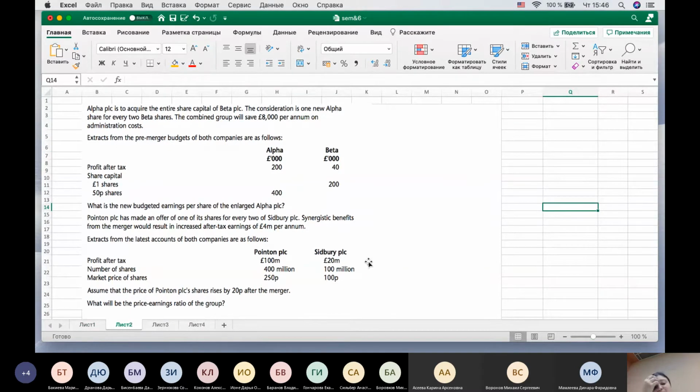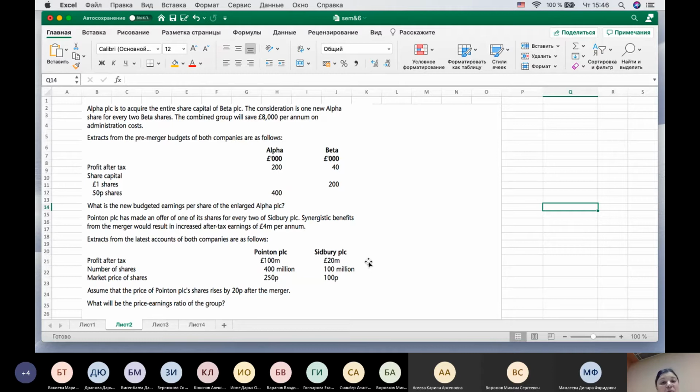The second paper: Alpha PLC is to acquire the entire share capital of Beta PLC. Be very attentive, the same conditions as in the previous scenario. The consideration is 1 new Alpha share for every 2 Beta shares.